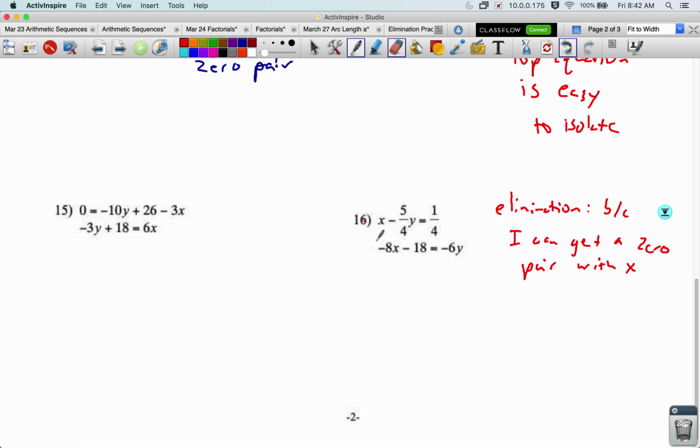All right, so how am I going to do that? Well, the zero pair of a negative 8x is a positive 8x. So I'm going to take everything in the top equation and multiply it by a positive 8, so that I get an 8x.